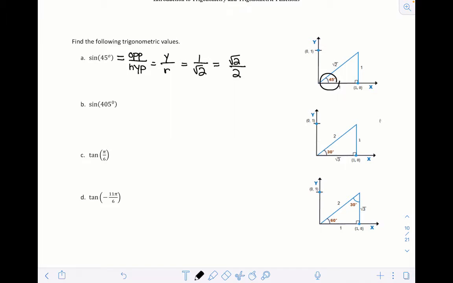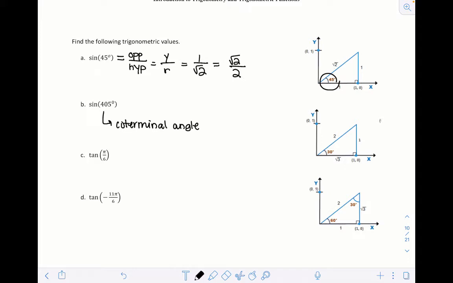What about sine of 405 degrees? So first is that when we're looking at bigger angles, we want to remember about coterminal angles. So to get a coterminal angle is basically saying that if you have an angle, and if you add or subtract a full rotation, which in degrees would be 360 degrees, for radians that would be 2 pi, is that you're going to get back to the exact same place.